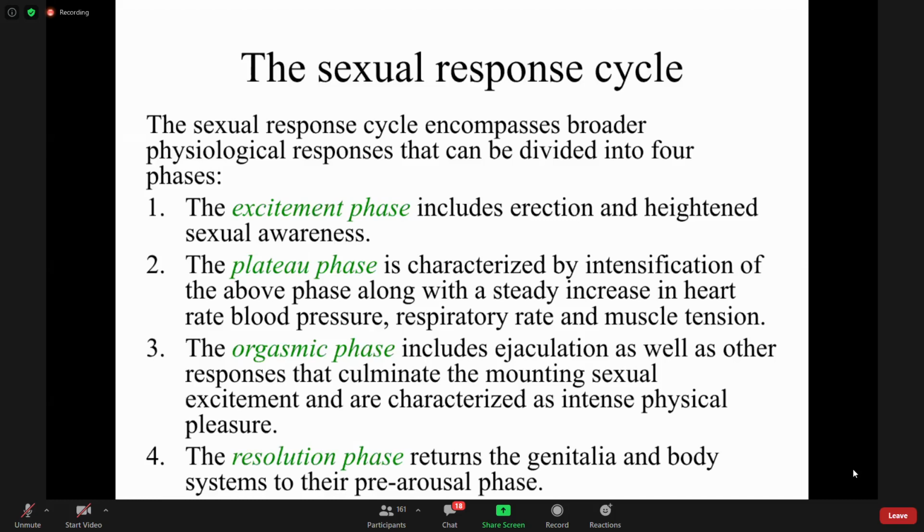The orgasmic phase, which includes the ejaculation, the expulsion or release of the semen, along with a mounting sexual excitement, which involves the rhythmic throbbing of the pelvic region, both in male and female. And the resolution phase, which involves the restoration of the male genitalia to their original form.